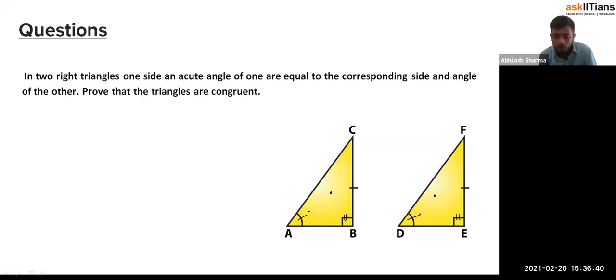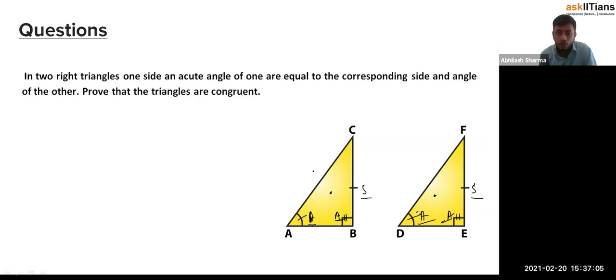So it is obvious to see here that it is angle, angle, side. We are obviously not calling it ASA because the side is not included between the two angles. So we will call it angle, angle, side.